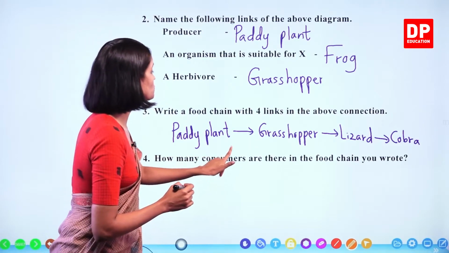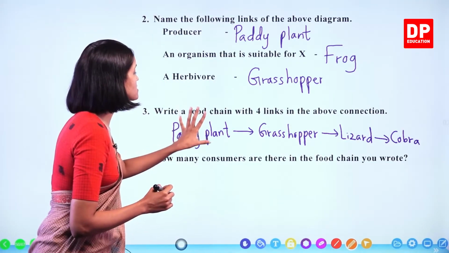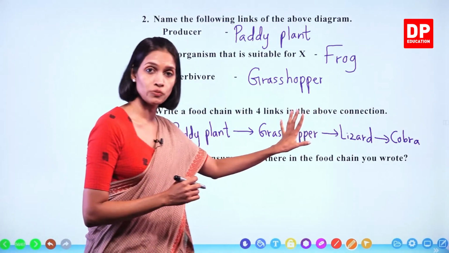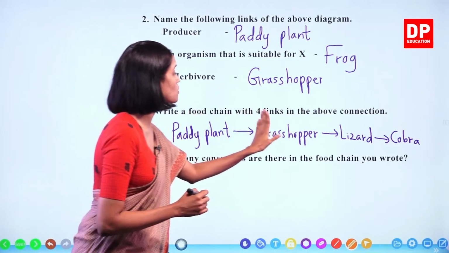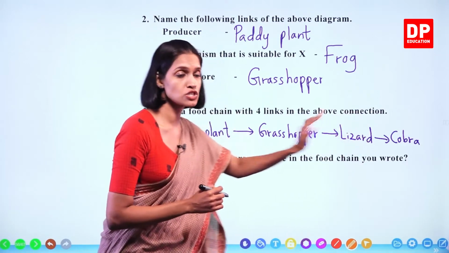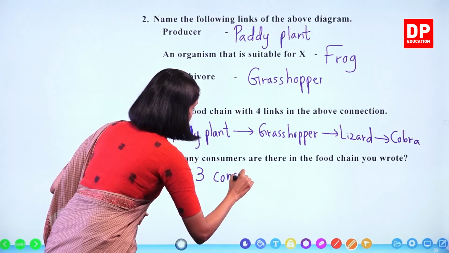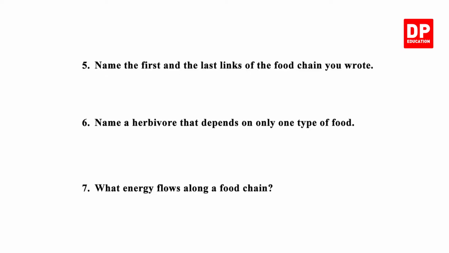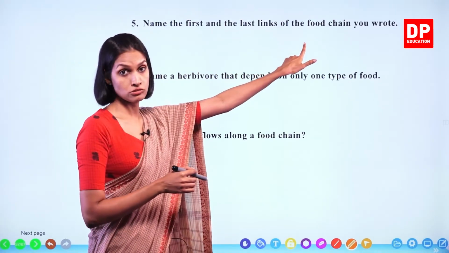How many consumers are there in the food chain you wrote? Always the first link is the producer. All the other links are the consumers. Right? So how many consumers if this is the producer? 1, 2, 3 consumers. 3 consumers. Right. Name the first and the last links of the food chain you wrote.